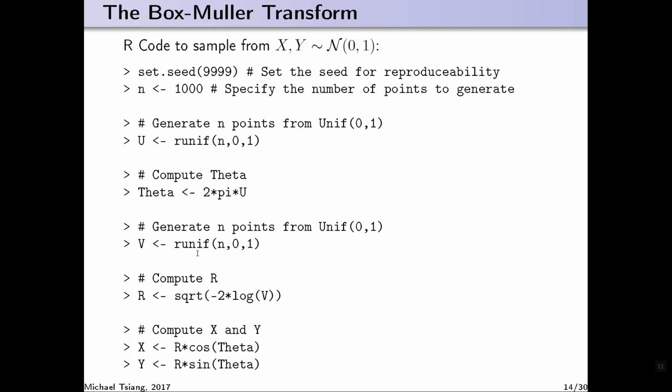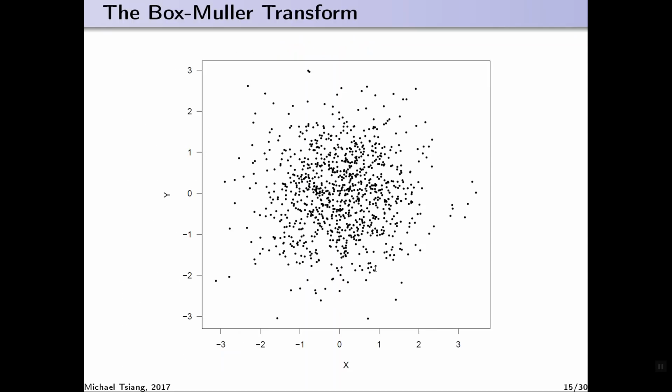Then we get 1,000 values from runif 0, 1 to get our v, and we calculate the radius as the square root of negative 2 times log v, and then we do r times cos theta and r times sine theta. When we do that, this looks just like 2 independent normal distributions spread out here.